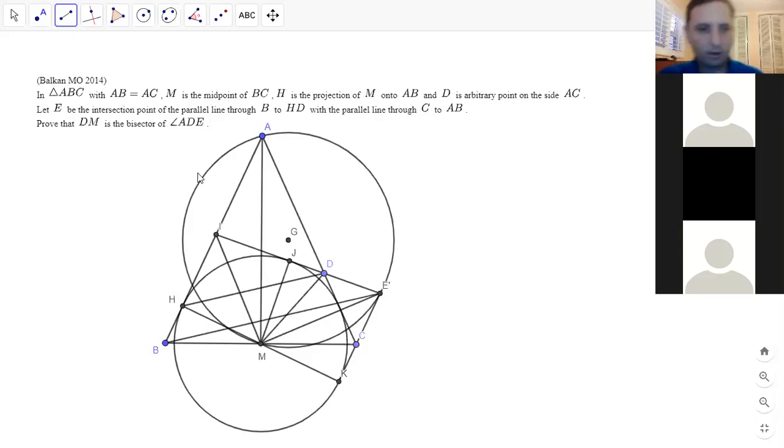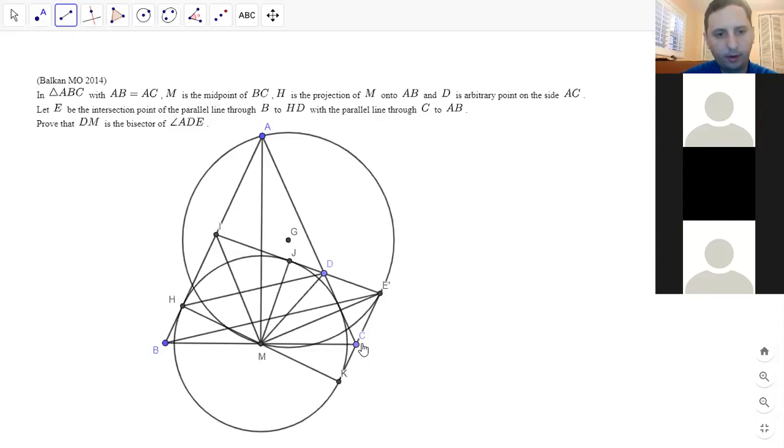So we want the ratio ID over DE prime, which is AD over DC.